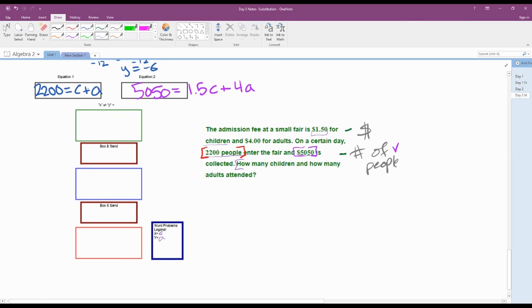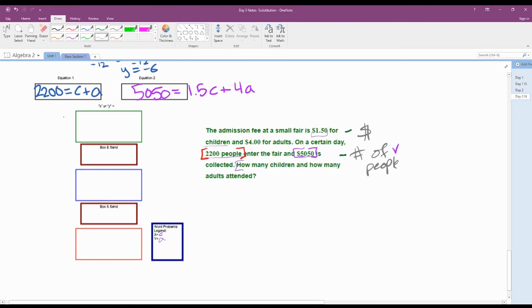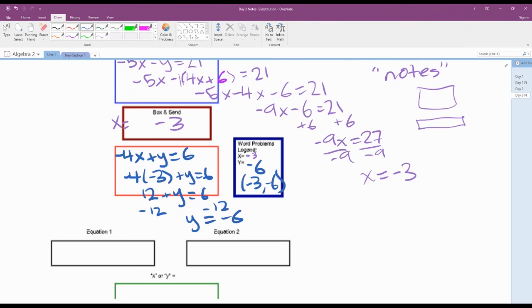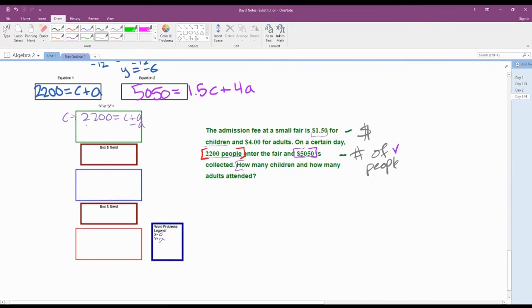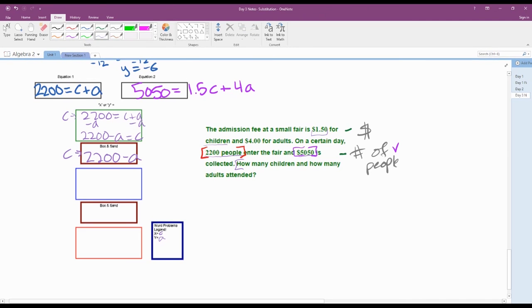And let's solve for C. So we got 2,200 equals C plus A, subtract A. And I know what C is. So now that I know C, I can put it into my second equation.